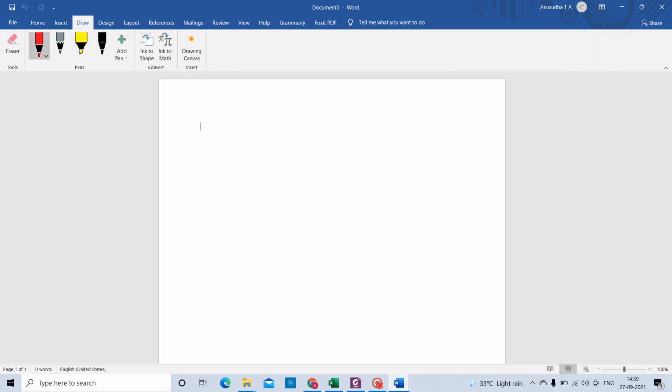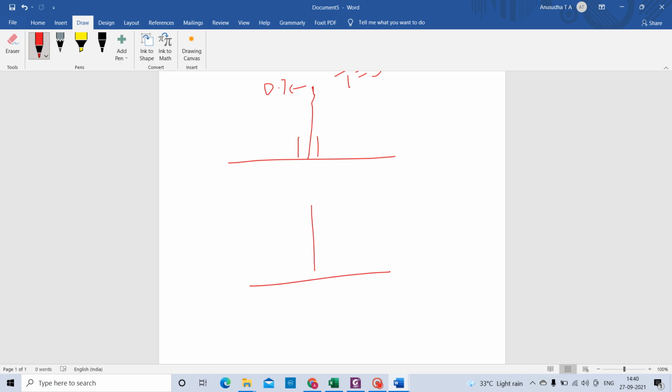Initially the amplitude is 0.7. For t equal to 3, this is the maximum amplitude, 0.7. Now I will increase the number of samples: if t is increased to 5, the number of samples increases to 5, and the amplitude decreases.